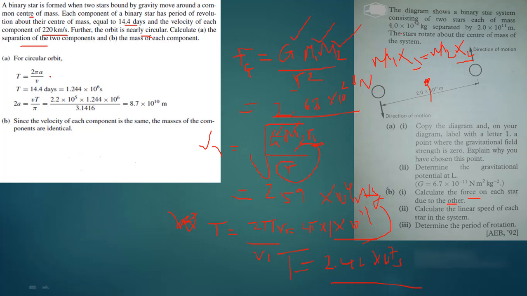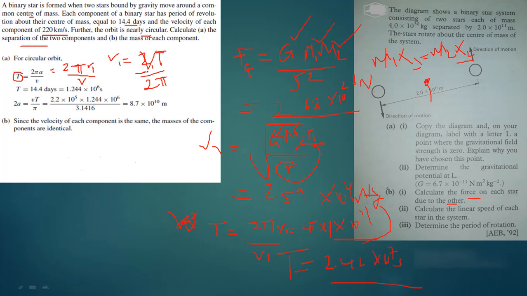So we know that what is guiding our formula is that the period is equal to 2 pi r1 over v. Okay, we are having the period, therefore r1 itakuwa ni sawasawa na v1 times the period over 2 pi.